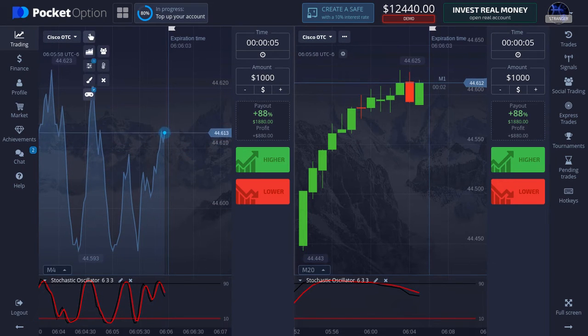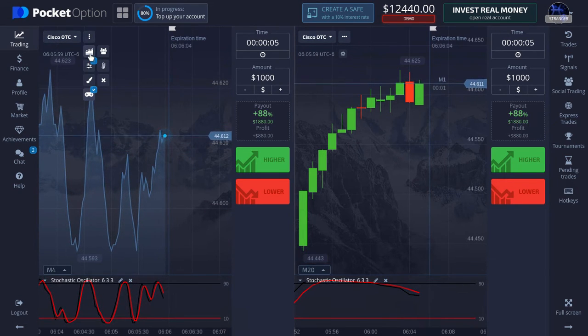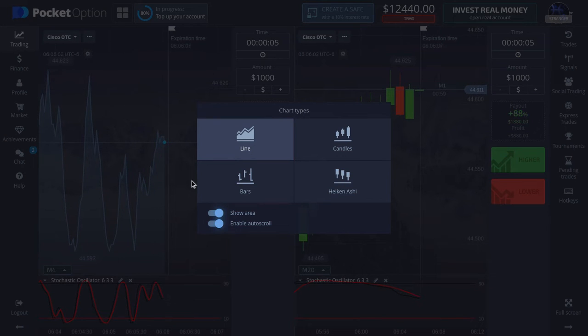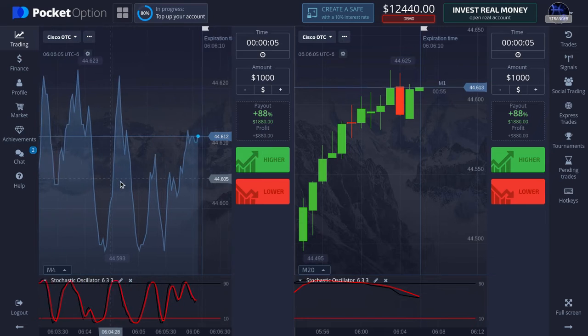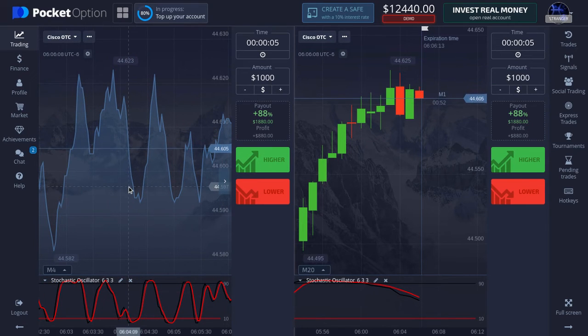Let me just disable the auto scroll so I can scroll back without it moving on me. So what we're looking for here is a nice consistent flow. You're going to try to catch it when it's pushing down or up, but nice and consistent, not too much stuttering.